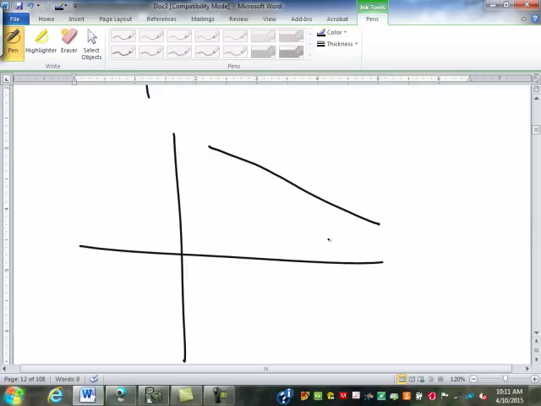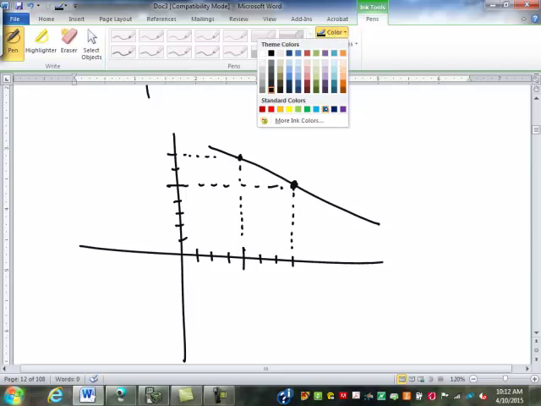We might not always have an axis involved. We might have something like this.